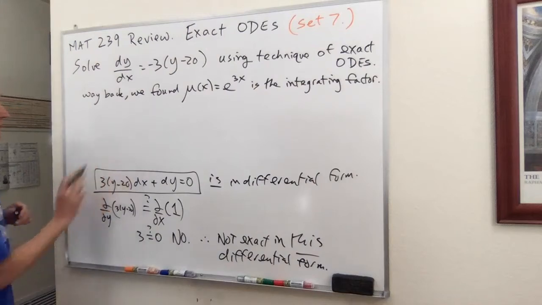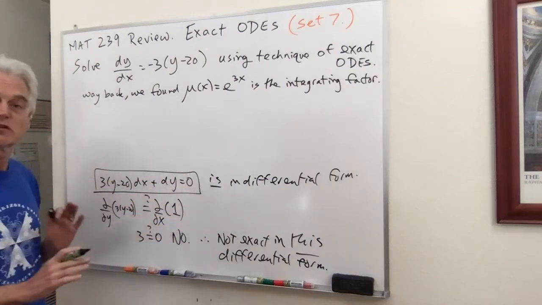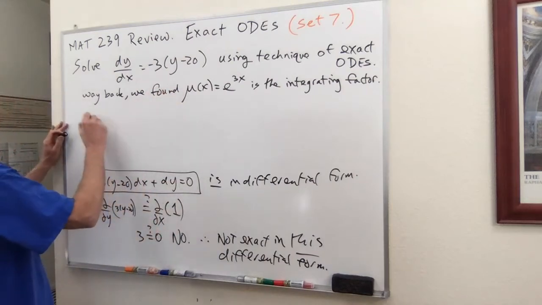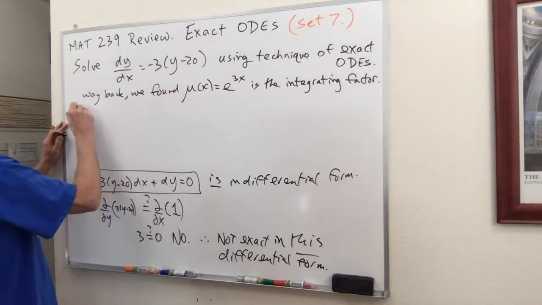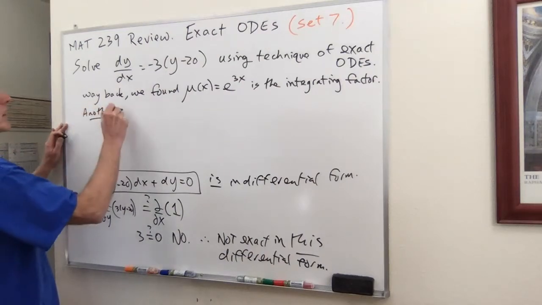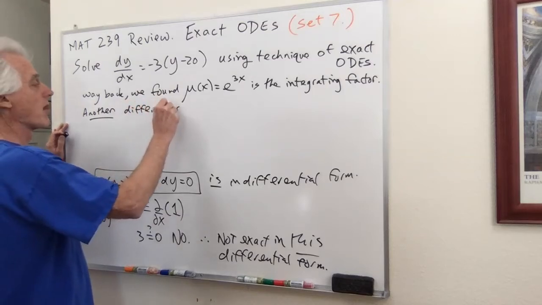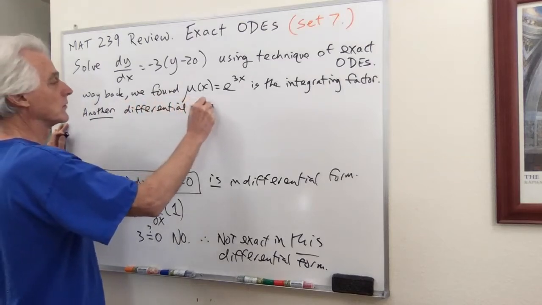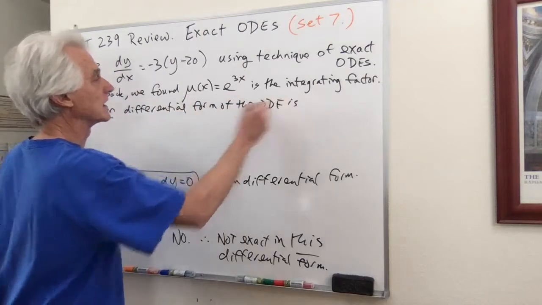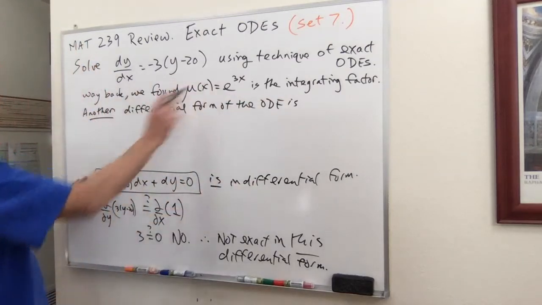And so if I take this whole form and multiply it by e to the 3x, another differential form of the ODE is, I just multiply everything by e to the 3x.